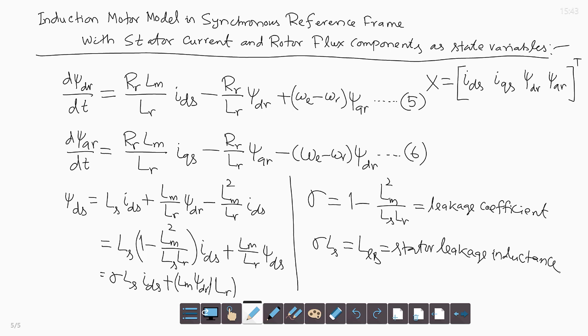And stator self inductance Ls is LLS plus Lm, the mutual inductance. Sigma is the leakage coefficient, which is less than 1.